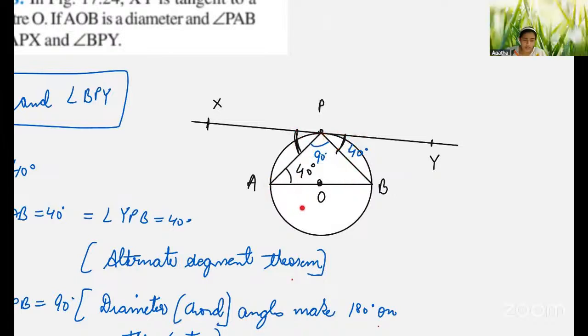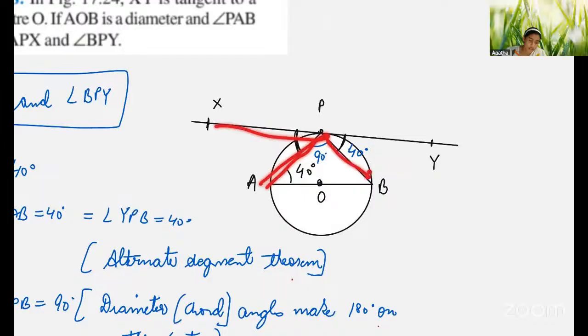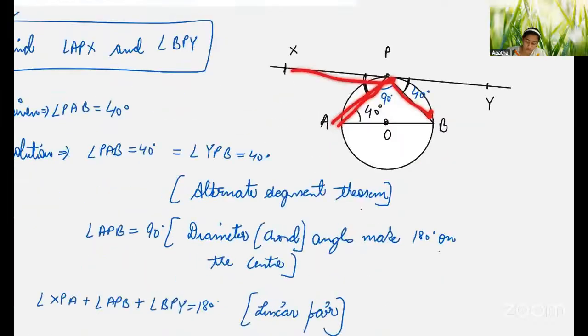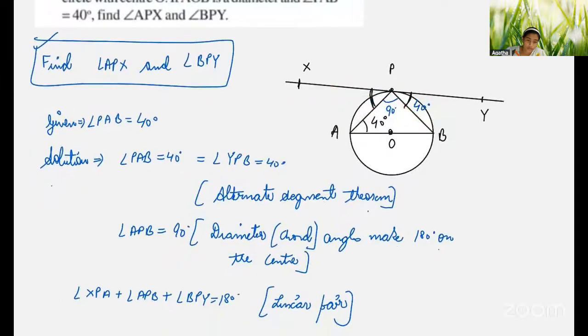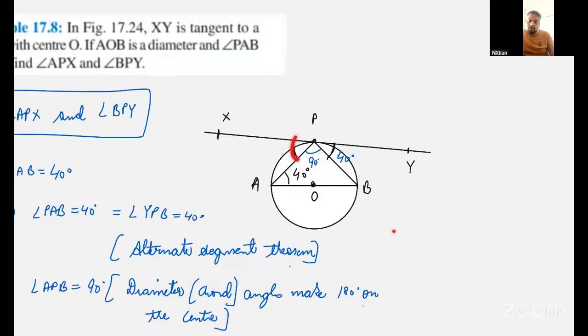So then why aren't XPA and APB equal? XPA and APB. Where did I write that? APB is 90 degrees. Where did I write it's equal? This and this are not equal.